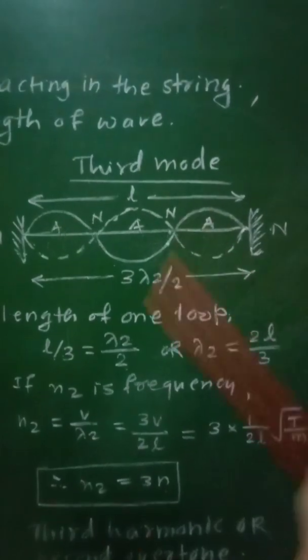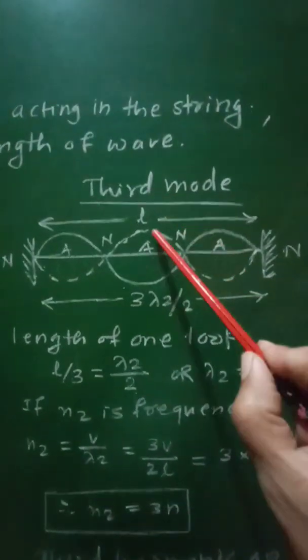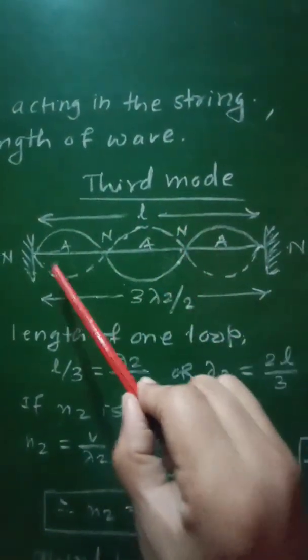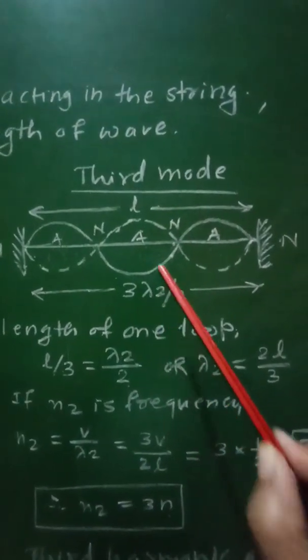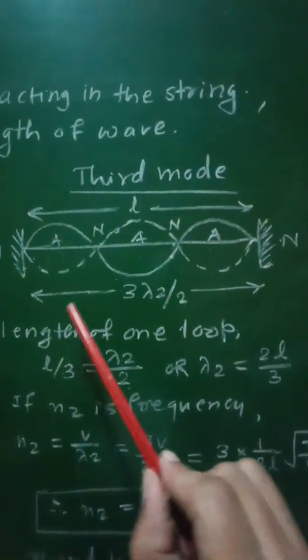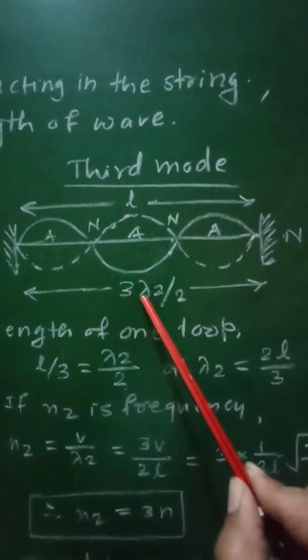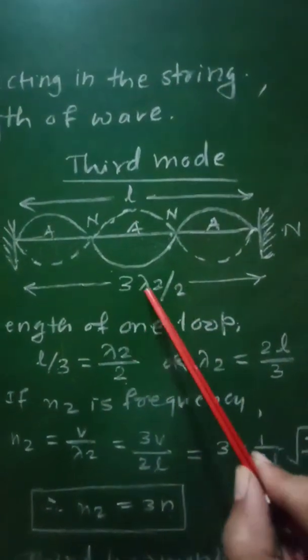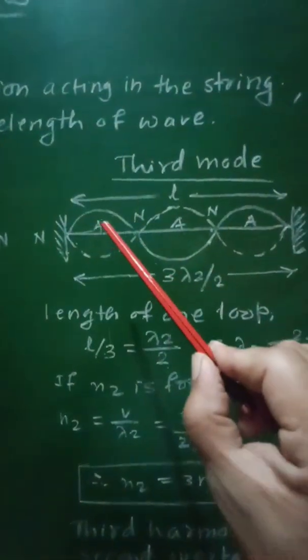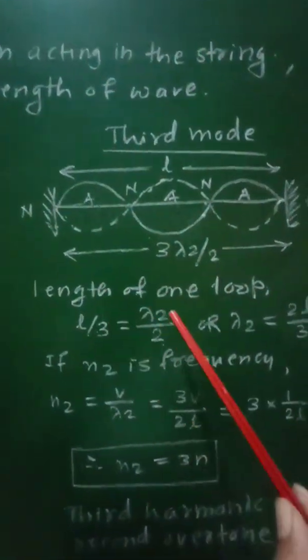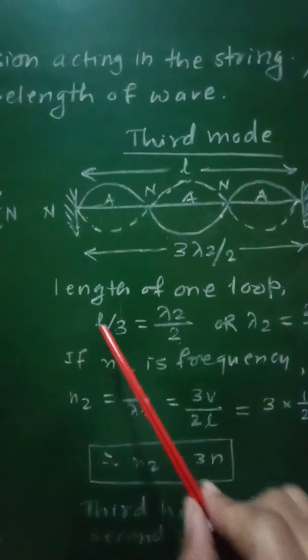So between the 2 rigid supports we get 3 loops, so 4 nodes and 3 antinodes will be formed. If L is the length of the string between these 2 rigid supports, in terms of wavelength lambda 2 for this wave, we get L equal to 3 lambda 2 by 2, and therefore the length of one loop will be L by 3.